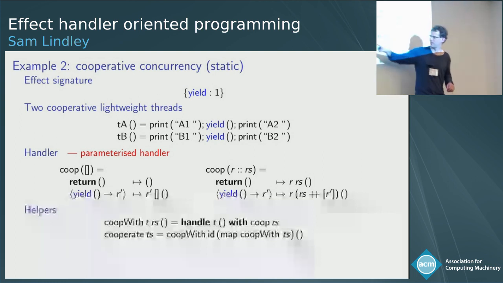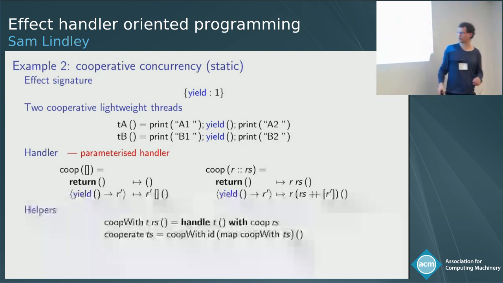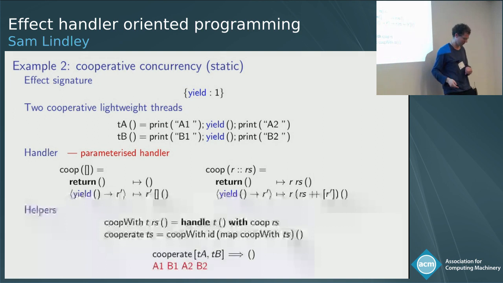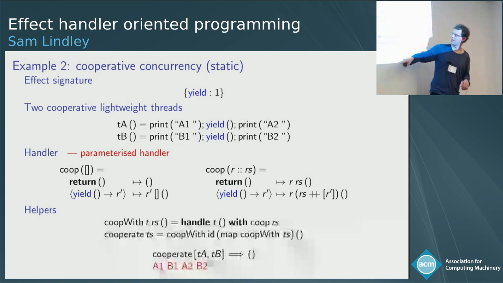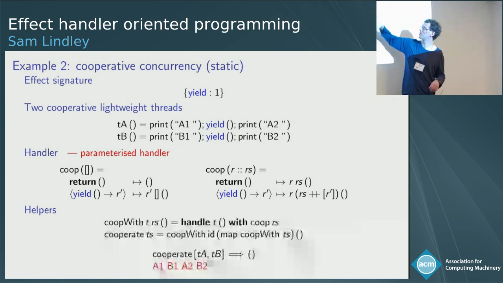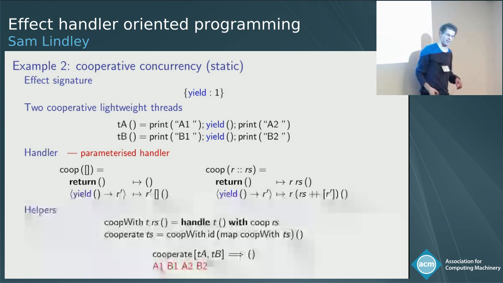And then this is the interface we're actually going to want to use, which just takes a collection of threads and runs them all. So it just maps co-op with over all of them. And then sure enough, if we run this, it returns a unit value, but it has the side effect of printing out the interleaving that we'd expect. So you go here, and then you yield to this thread, and then that yields back up here, and so on.